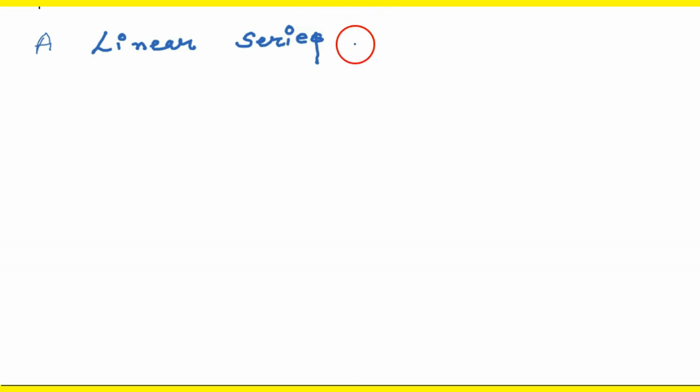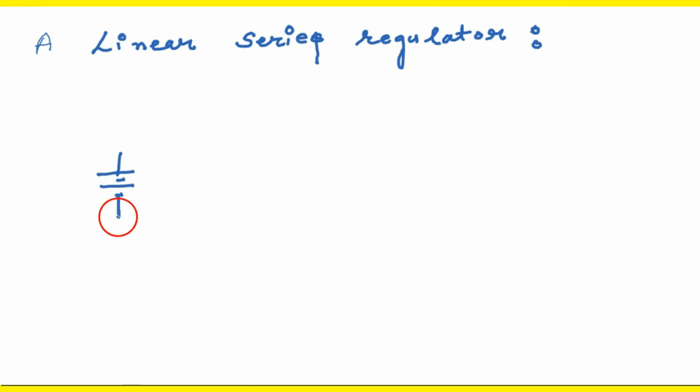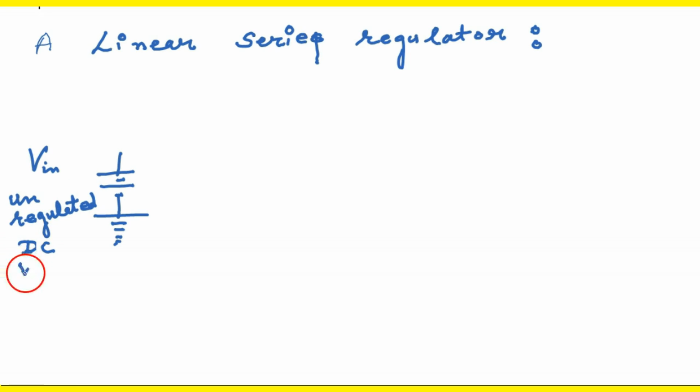Now we learn about the circuit, the linear series regulator. This is the source and input voltage, let it be an unregulated DC supply, V input.